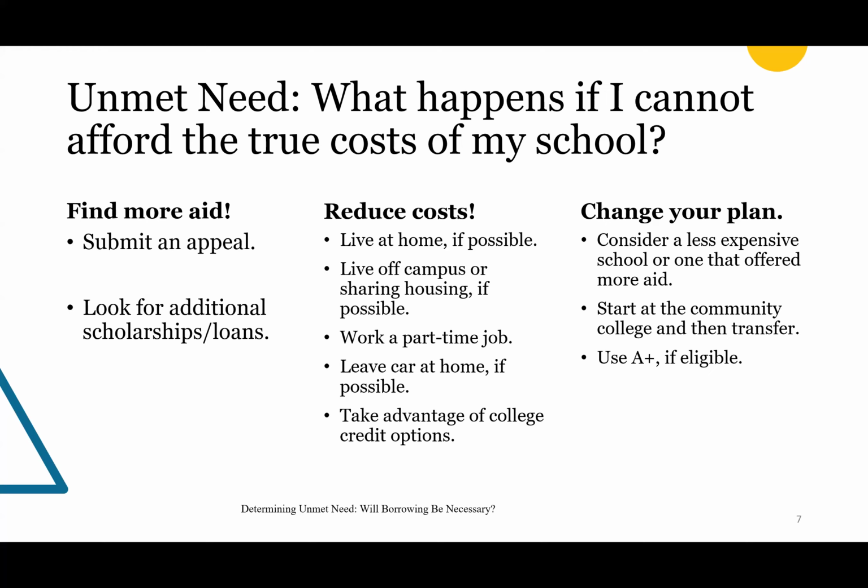It's a little bit cheaper start, and you'll be able to complete the same credits that were required at the university. So that's an option as well. Lastly is using A Plus. A Plus is definitely an option for students looking to go the community college route, and so that may be an option if eligible.